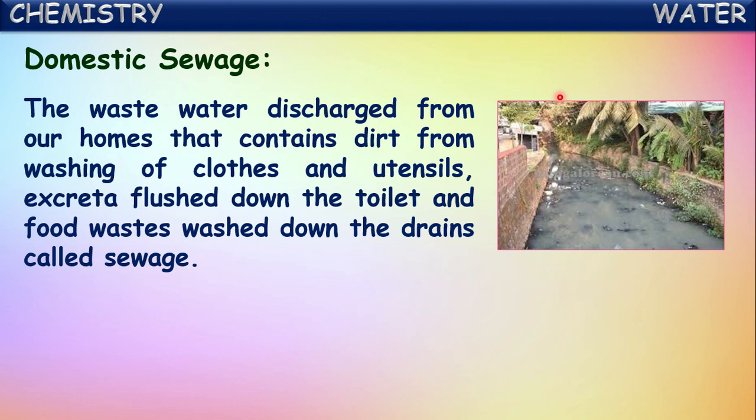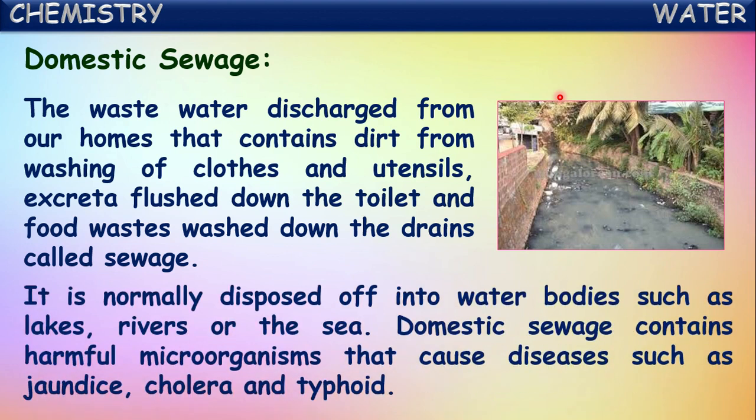Because of all these activities, water becomes polluted, and water polluted in this way is called domestic sewage. How is it becoming so? By discharging water from the homes containing dirt from the washing of clothes, utensils, and even from bathing. If this dirty water is mixed with the streams, that water becomes sewage or polluted.